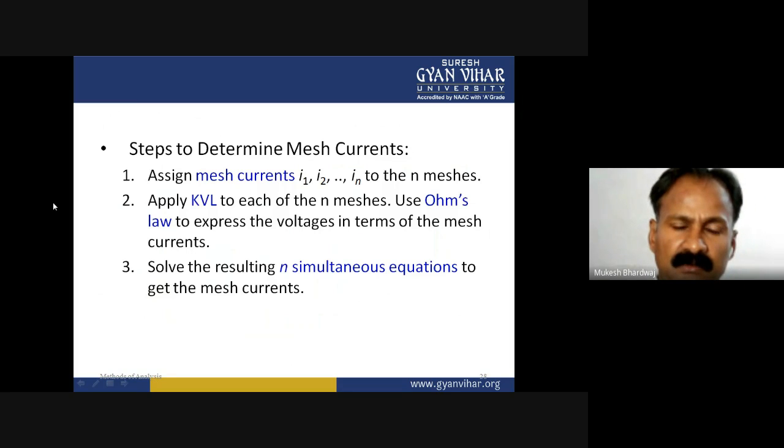Then assign the currents I1, I2, IN and so on to the individual meshes. Now apply KVL to each of the n meshes. Use Ohm's law to express the voltages in terms of the mesh currents. Solve the resulting simultaneous equations to get the mesh currents.